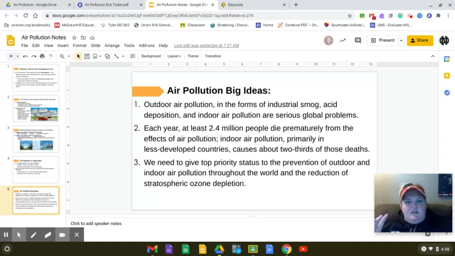And a lot of the laws that are trying to be passed around the world, we're not following through on as the United States. And so we need to make sure that we do, because eventually we're going to run out of resources, and eventually the pollution is going to get to the point where it's not going to be easily reversible. And so we need to be aware of that and be willing to fight for our Earth.